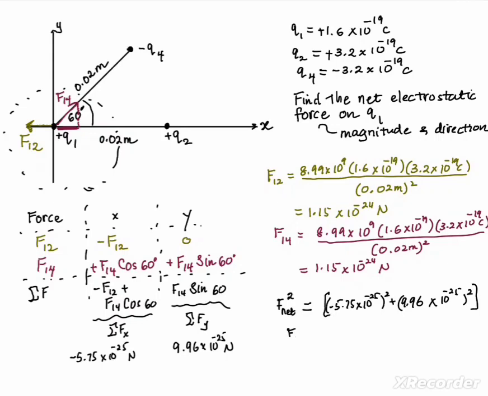If you plug in these values in the calculator, F net will be 1.15 times 10 to the negative 24 newtons. So this is the magnitude of the net force.